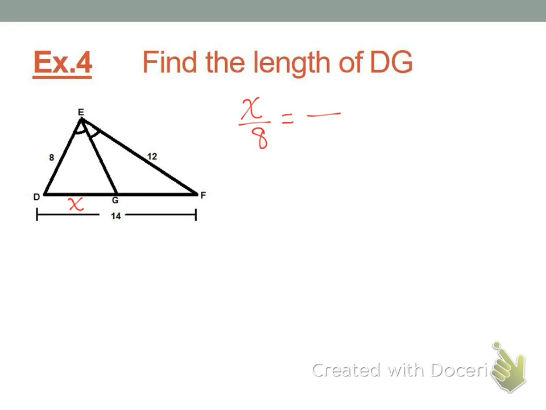Ari, what could we do about that? Good. Instead of using another variable, because that wouldn't be helpful, we can use what we know and say if this piece of it is x and the whole thing is 14, then this one must be 14 minus that x. So 14 minus x goes over the 12.